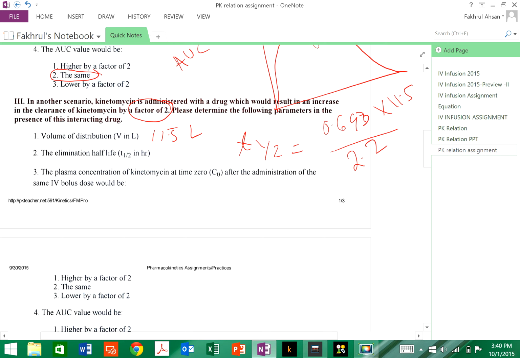So the half-life is going to be 3.62 hours.